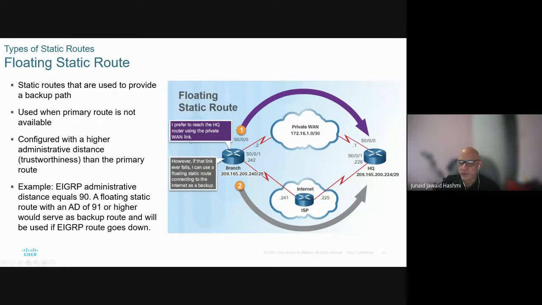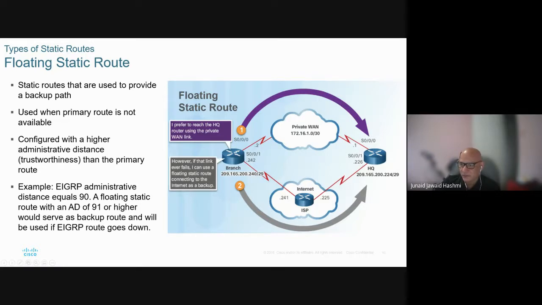Floating static route is a route that is used as a backup. It provides the backup path. So here you can see branch and HQ are connected. Instead of just one link between branch and HQ, there are two links.